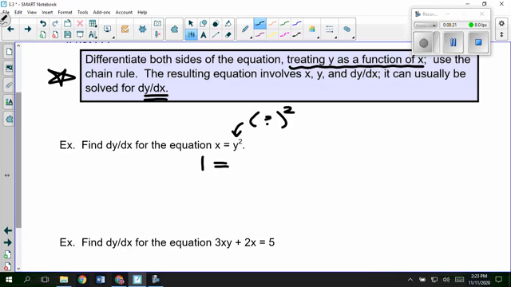So when we take the derivative of that side, we're going to keep y as the gut, but then we're going to have to use this chain rule scenario to take the derivative of the gut. So the derivative of this side is going to be 2y, because we keep the gut there, and then we take the actual derivative of the gut, which is dy/dx.